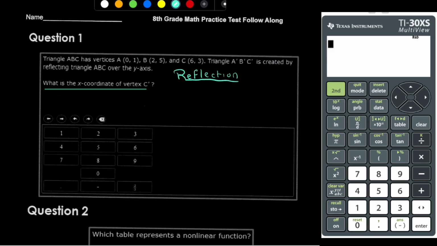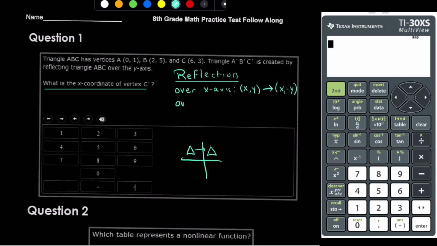Back when we did the transformation unit, we usually had the graph in front of us. It would be like if you had a graph here, and you took a triangle here, and you reflected it, and it became a triangle over here. The rules that we used for reflections: if you were reflecting over the x-axis, you had to change the sign of your y. (x, y) becomes (x, -y).